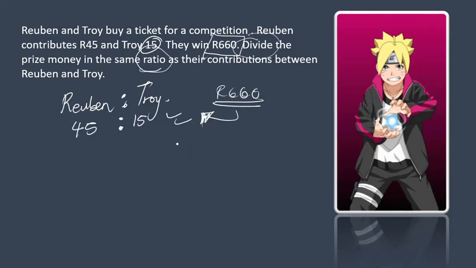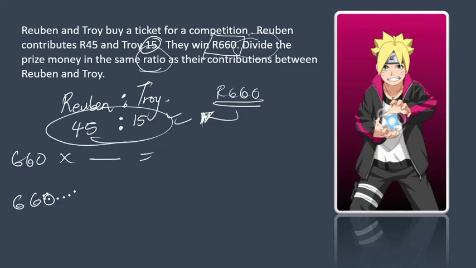Makes sense? So what happens there? I'm going to say 660 multiplied by a fraction is equals to how many values does the ratio have? 2. So which means I'll have 2 steps. 660 multiplied by a fraction. And what is the denominator of these fractions? It's 45 plus 15. That will give me how much? 60. So our denominators are 60s.